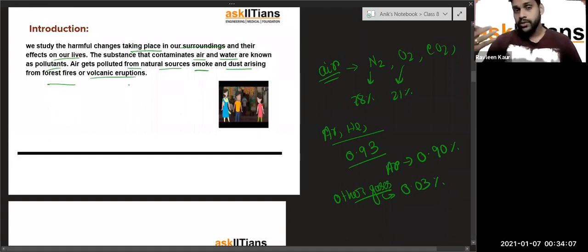So here they are discussing the causes of this pollution. It can be smoke or dust caused by us, or these two can also be caused by natural disasters like forest fires and volcanic eruptions.